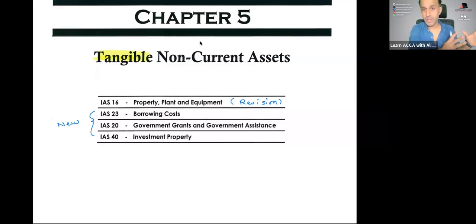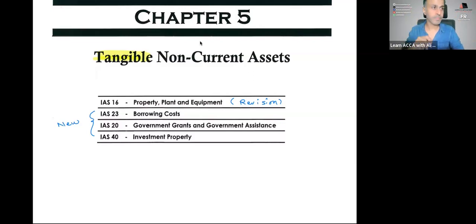So I cannot trust the knowledge that you have gained previously, since by keeping that knowledge, you cannot apply it to practice and face the exam questions on IAS 16 at this level. So I cannot trust that. And even most of you who come into the FR course forget what they have done at level 1. So this topic needs to be taken seriously. This applies to you also.